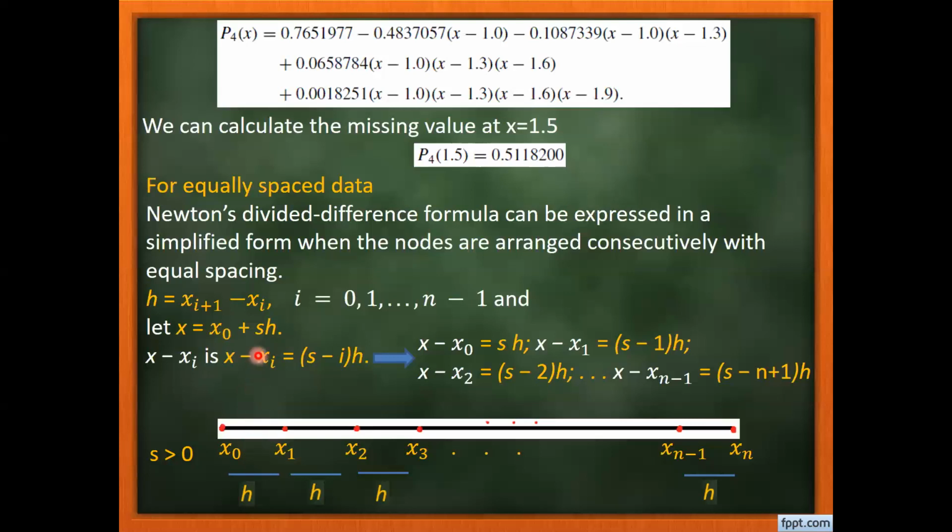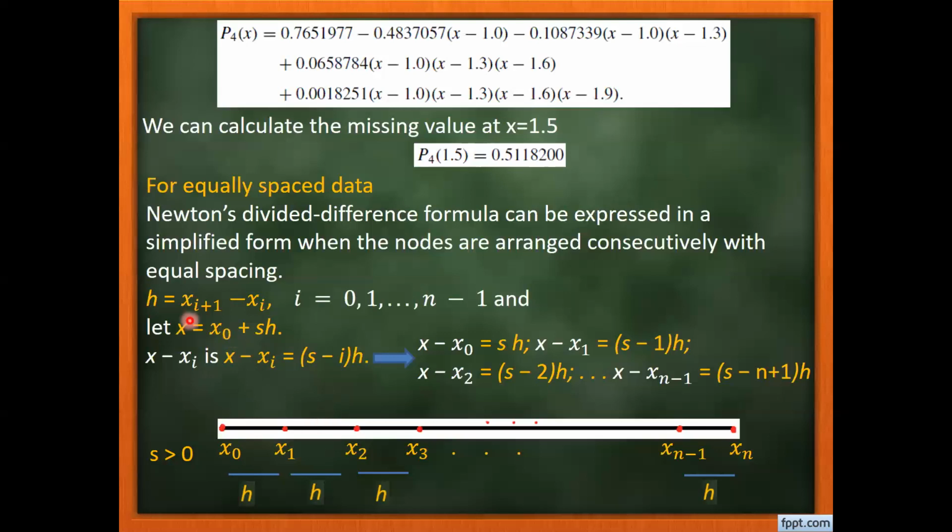If I have the value of s to be 3 by 2, this means that I'm going to add 3 by 2 times h to x0. So 3 by 2 times h is 1.5h. That is 1h plus half h. So this means that I'm going to land somewhere in the middle of x1 and x2.